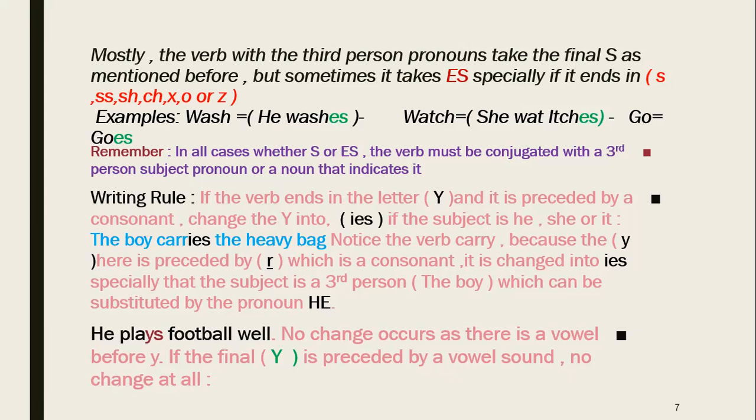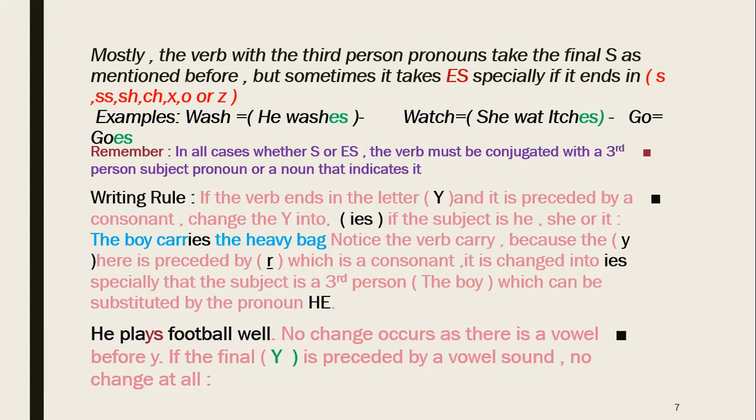So suppose the verb ends in Y, but there is a vowel before the Y, like the verb play. We have A, which is a vowel before Y. No change at all. We just add S. So we say he plays. We just add S here and no change to the Y at all.